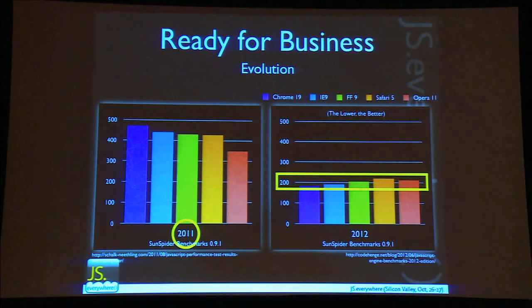One year ago, this benchmark was run against all those engines, and they were just half the speed, or in other words, this year they're twice as fast as a year ago. So that really makes the case for JavaScript there.